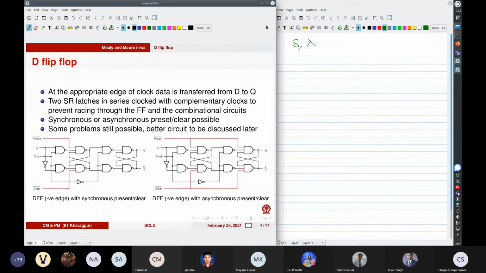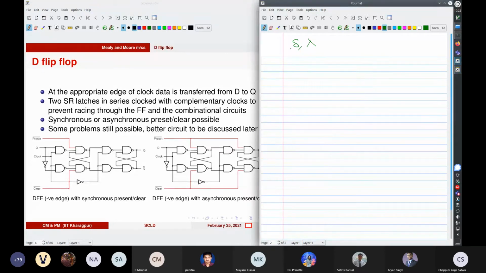So how do you characterize the states first of all? States are characterized by means of state variables. So if you have, say, 4 states, you could say S0, S1. This could constitute your state, S0 and S1.